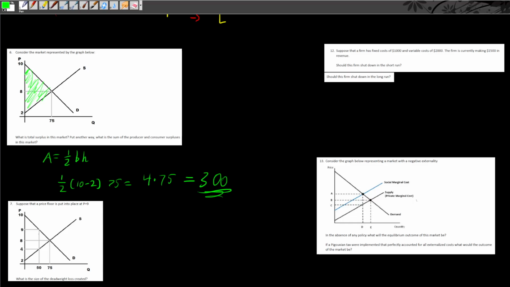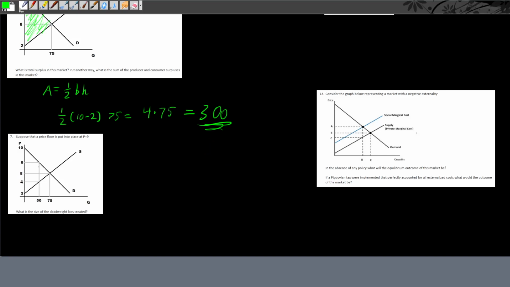So now question 7 expands upon that. We've got the same market, but instead let's assume that a price floor is put in place at $9. So the actual market outcome experienced is that point right there. We want to figure out the size of the deadweight loss created by this price floor.